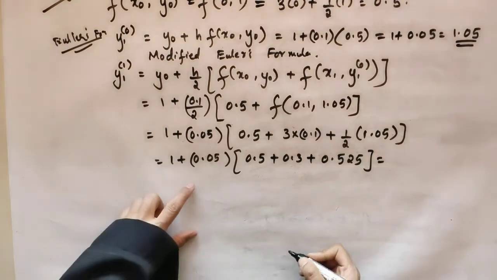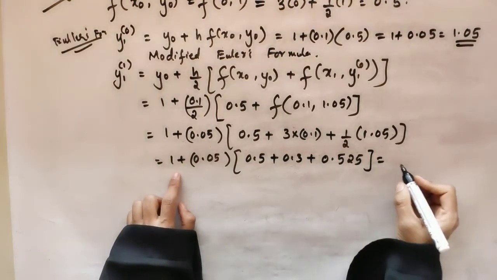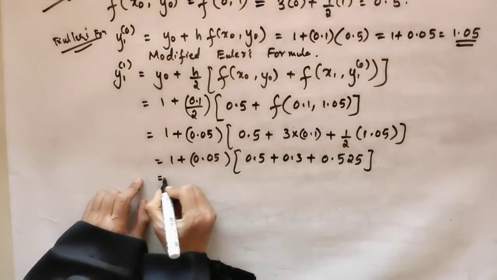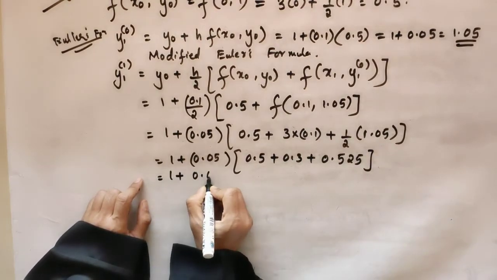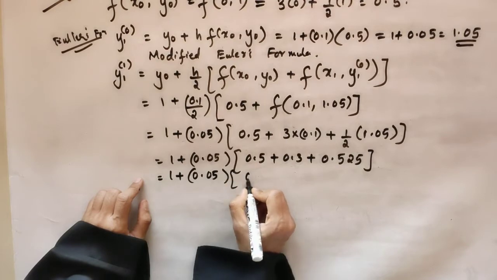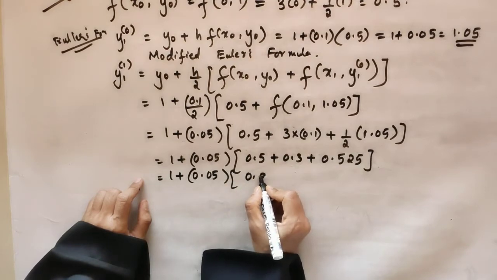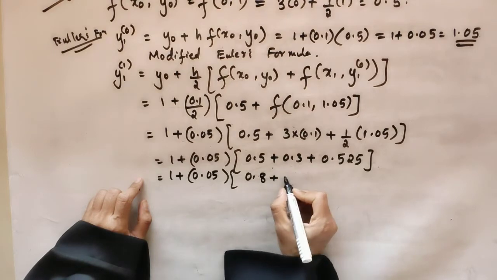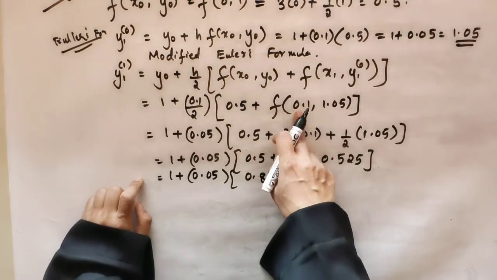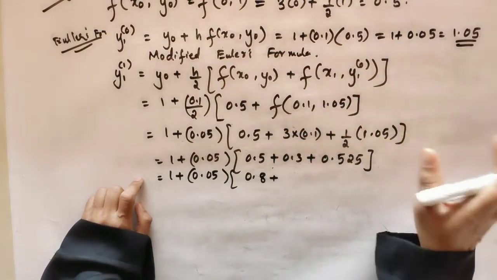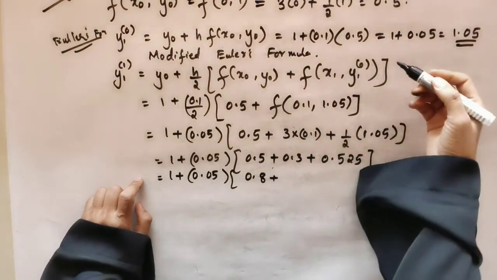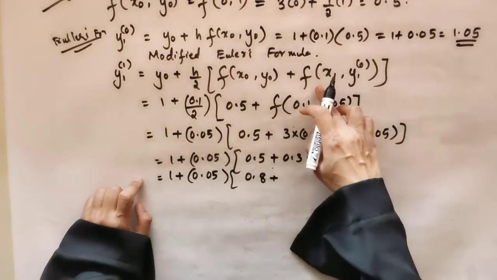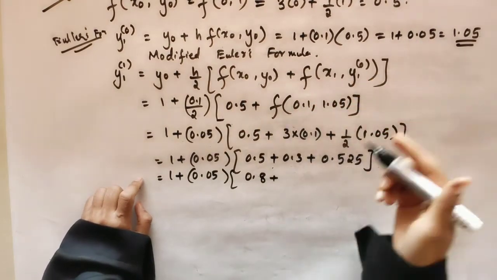So this is equal to, just simplify this all of you. It's 1 plus 0.05, use your calci here. I can write this simplification as 0.8 plus, now see here, you can do one thing. This value of x1 is not changing anywhere. In the next iterative step also, y1 second approximation, it is f of x1 comma the next, I'll explain it in the problem.